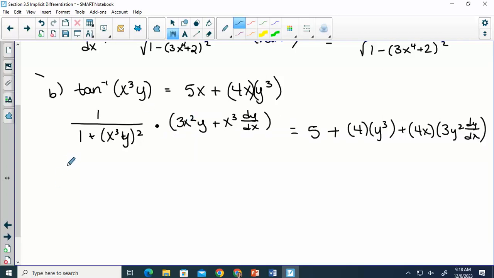If we distribute, x cubed y squared would be x to the 6th y squared.